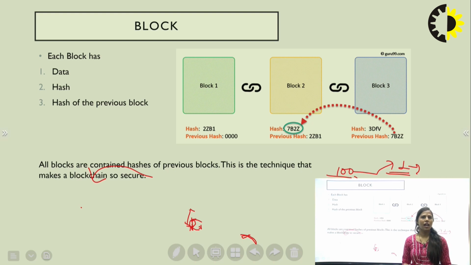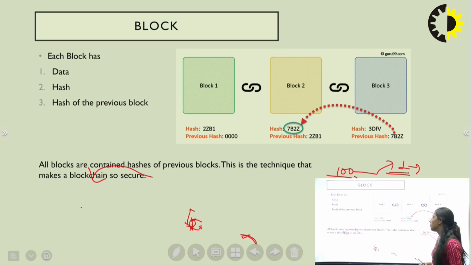As you all know, the hash value is generated by using hashing algorithms like SHA-256 and MD5. These are different algorithms which generate a unique code to determine the uniqueness of a particular block. Now each block has the hash value of the previous block.